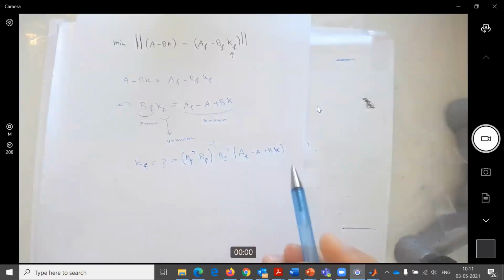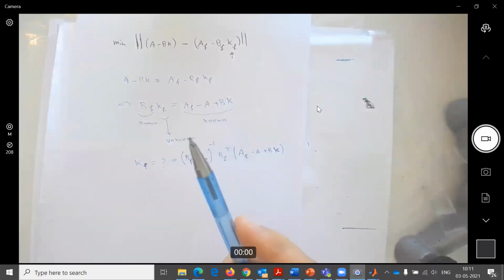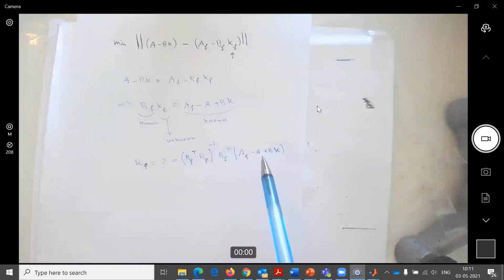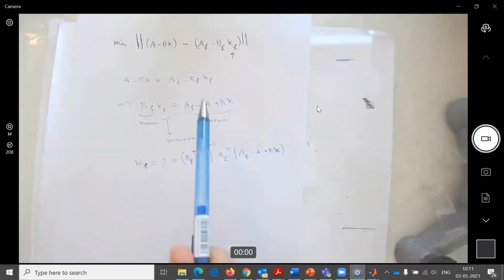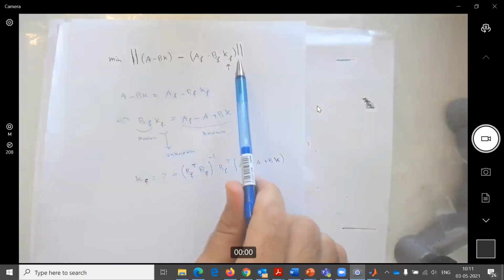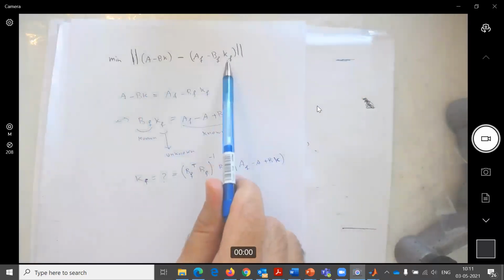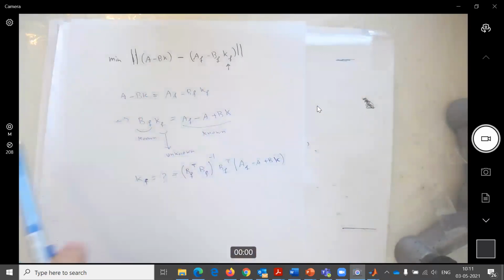Okay, so I will go back to the slide and you have this equation. Maybe when you see it for the first time, you think it's very complicated, but it's actually very simple, because in all of these equations that we will see from now on in today's lecture, we are trying to minimize the cost function like that, and then we look at the unknown, and whatever the term with the unknown is, we take it to one side of the equation and the rest to the other side, and we will get something like that.